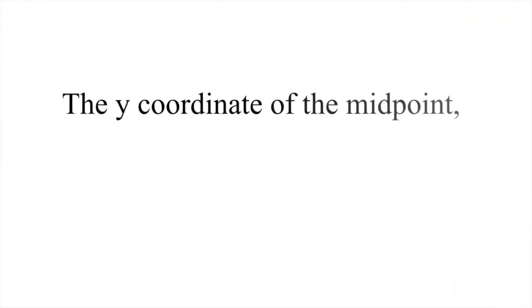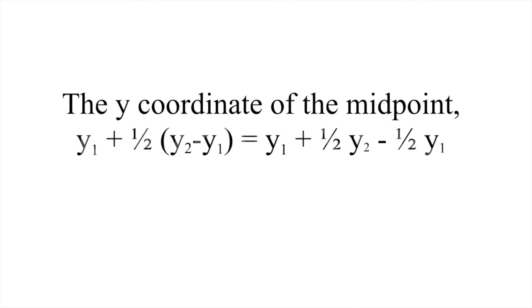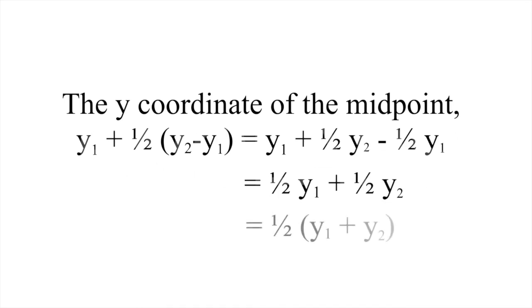And the y coordinate of the midpoint is y1 plus 1/2 into y2 minus y1, equals y1 plus 1/2 y2 minus 1/2 y1, equals 1/2 y1 plus 1/2 y2. It can also be written as 1/2 into y1 plus y2.